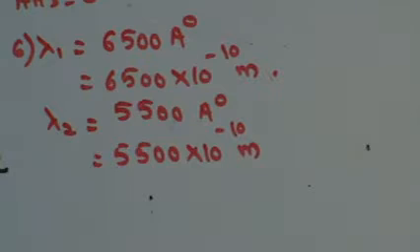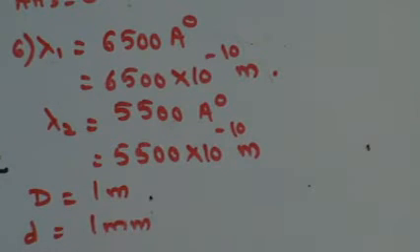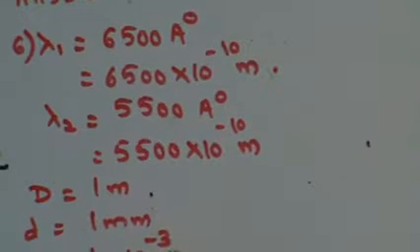Find the change in fringe width if the screen is at a distance of 1 meter from the source, which are 1 millimeter apart.